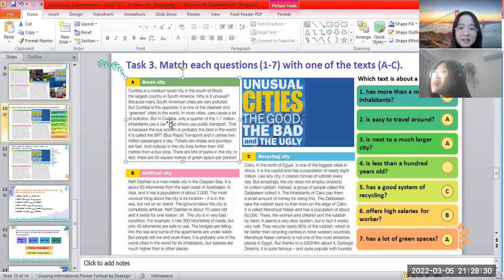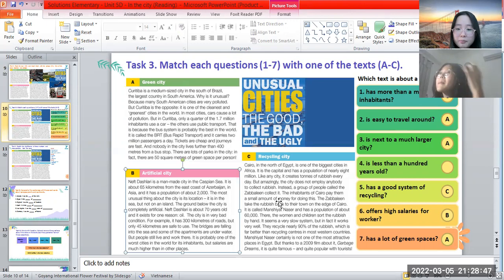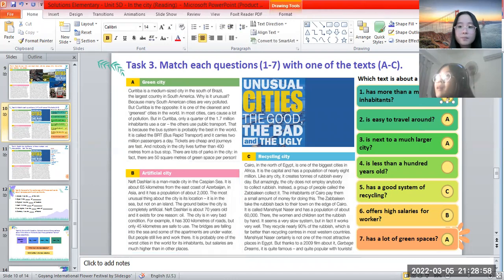That means this city has more than 1 million, because the population of this city is 1.7 million. In paragraph B and paragraph C, they don't mention any information related to the inhabitants or the population. So Green City is a city that has more than 1 million inhabitants. Okay, so we're going to choose A.